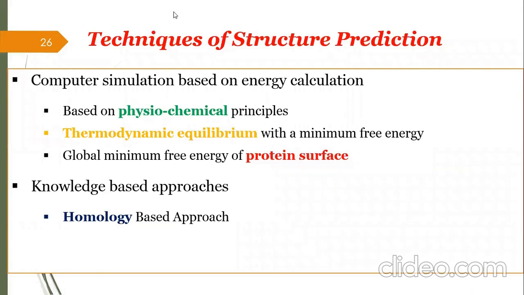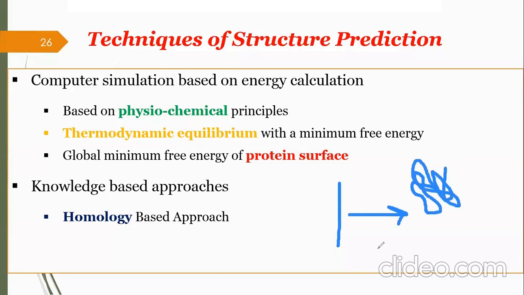If we have two sequences, and the structure is available for one but not for the other, and these two sequences are homologous, meaning they are 90% identical or more, then they will tend to give rise to the same structure. So through homology, we can predict the structure.